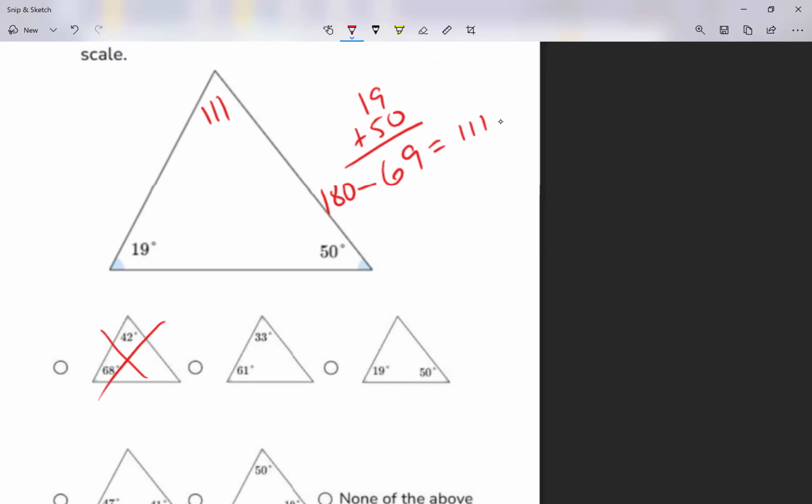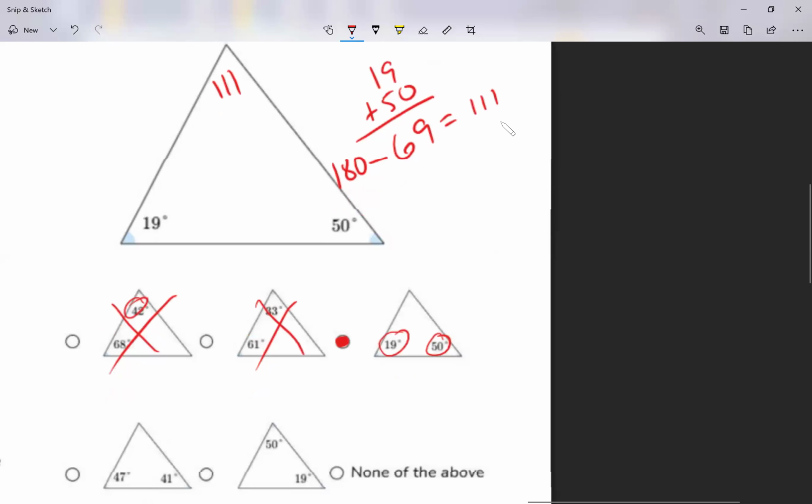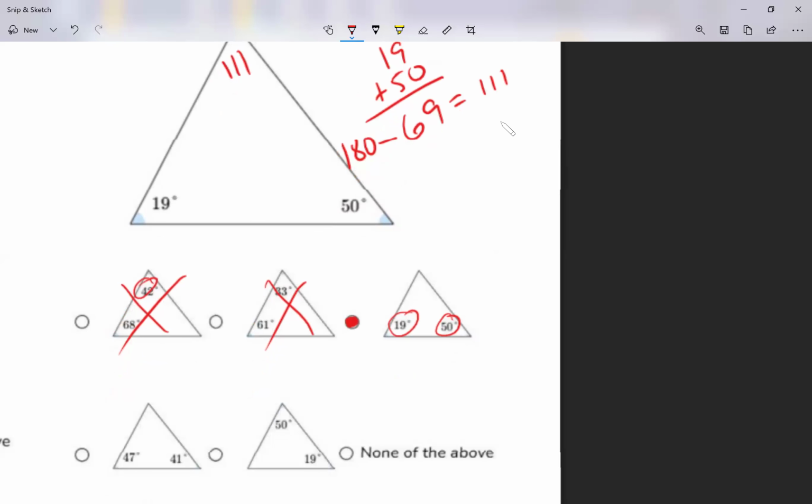The first triangle doesn't match because I don't have 42. The second triangle doesn't match either. Here, I do have 19 and I do have 50, so this one works. Those 2 angles are given in the triangle that I have. This other one doesn't match because I don't have 47. But this other one does match. This one's good because I have the angles 50 and 19.